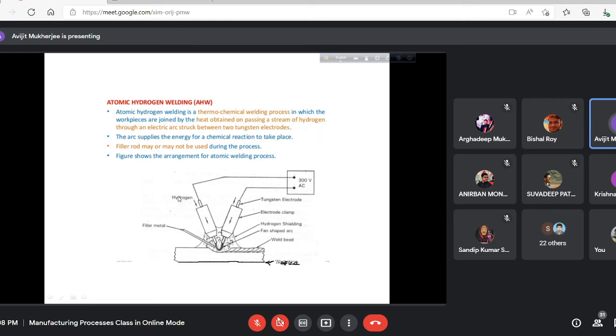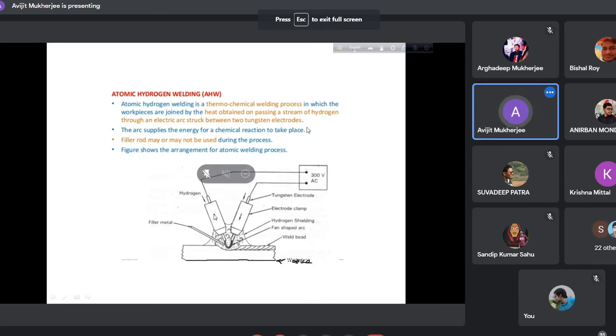Sorry, not an inert envelope. This hydrogen is atomic hydrogen. As soon as these two electrodes are struck, one arc will be formed here. The shape of the arc is fan shape. And as hydrogen is fed from another cylinder, it will be converted into atomic hydrogen, giving very high heat.